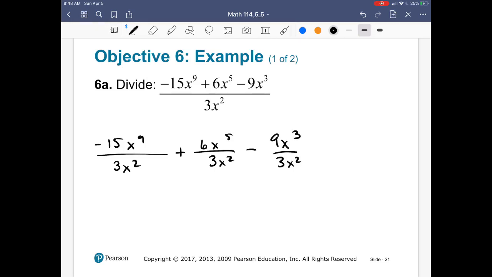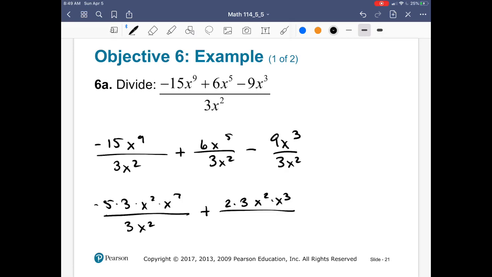This I can rewrite. 15 becomes negative 5 times 3 times x squared times x to the 7th over 3x squared, plus 2 times 3x squared times x cubed over 3x squared, minus 3 times 3 times x squared times x over 3x squared.